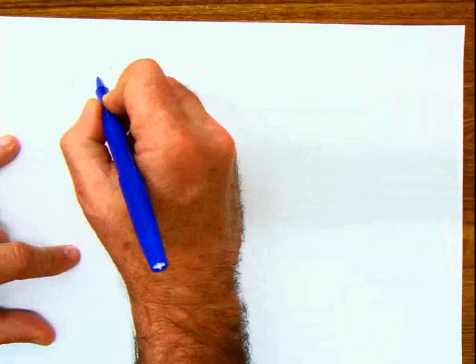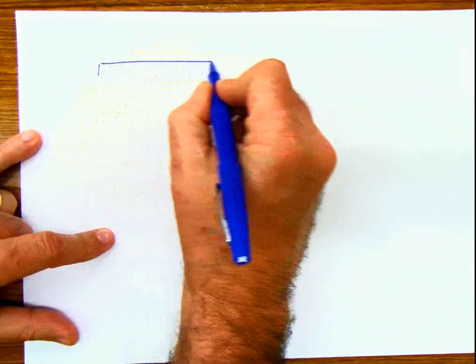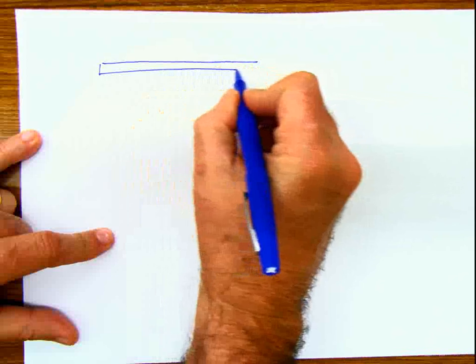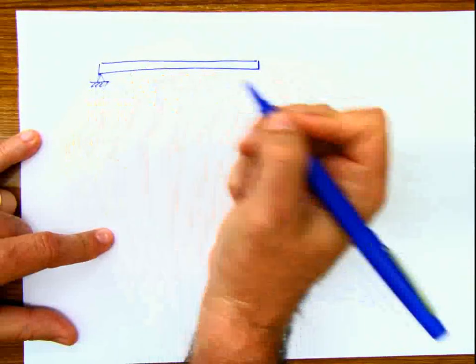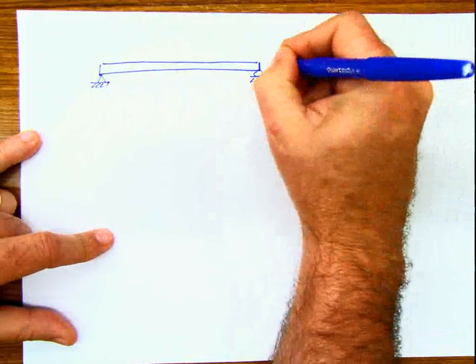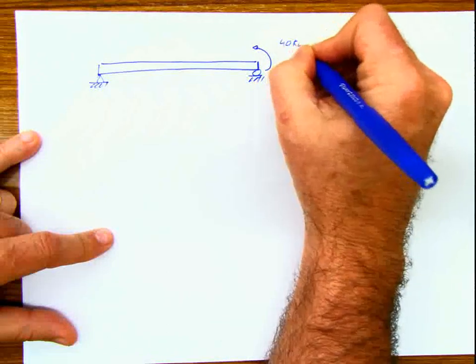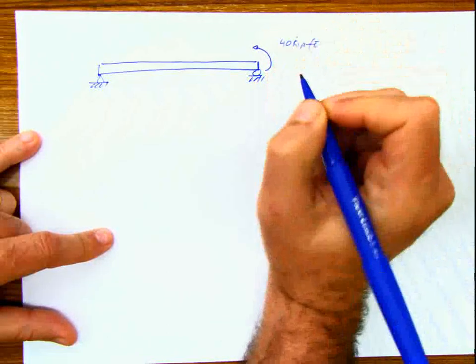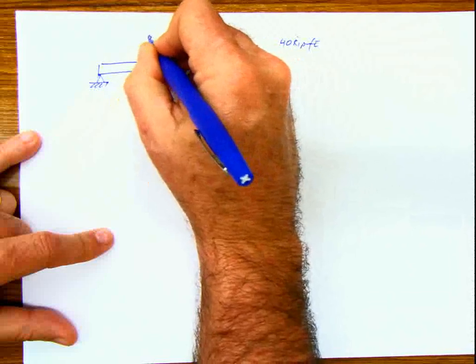Let's do one example, and I'm going to do a beam. This beam has a simple support here, a pin support, and a roller at this end, and it has a moment applied at this point of 40 kip-ft, and I have one force applied here of 8 kip.